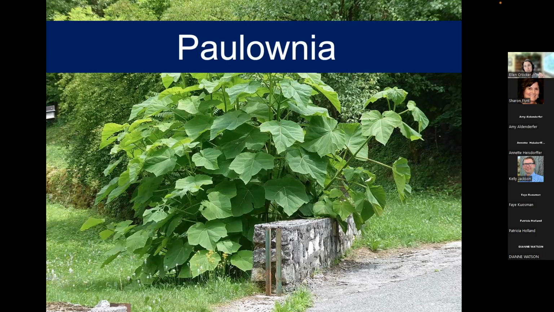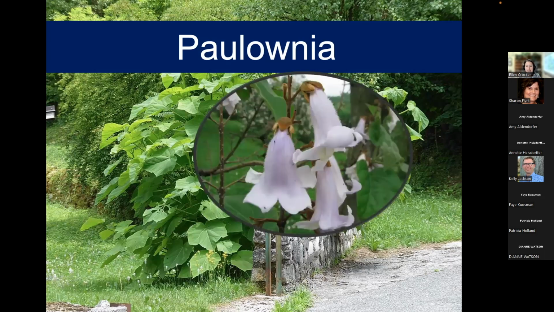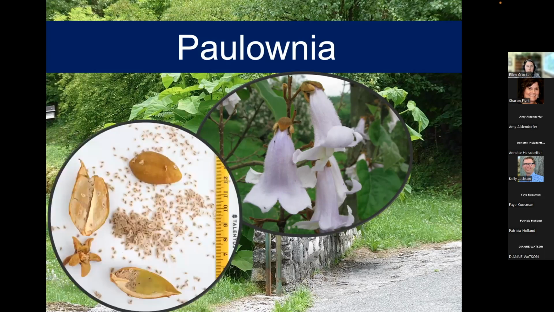But when you see it blooming, and it's kind of one of the earliest things to bloom, and it's got these beautiful purplish flowers, you might think, what is that beautiful plant? But what you wouldn't necessarily see, and some of the reasons why it's such a problem in our natural areas, is that those flowers produce tons and tons and tons of seeds.